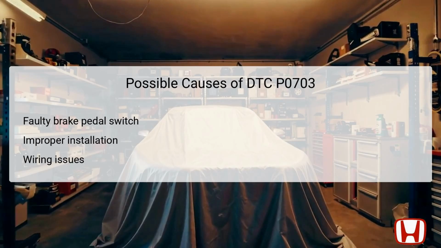Lastly, wiring issues, such as short circuits or open circuits in the signal line between the switch and the PCM, can cause the DTC to be triggered. Each of these possible causes must be carefully inspected and diagnosed to resolve the DTC effectively. Proper automotive diagnostic tools, such as the Honda Diagnostics System, HDS, can assist in identifying these issues accurately.